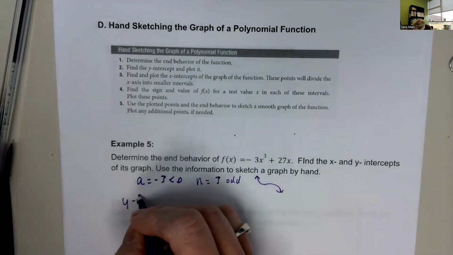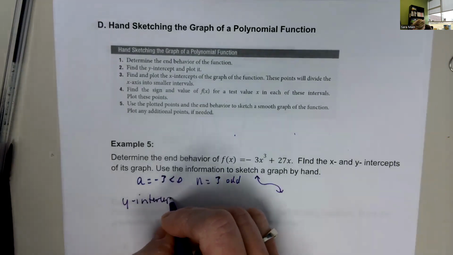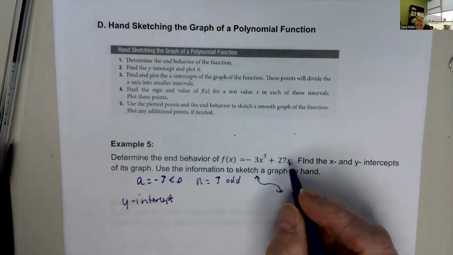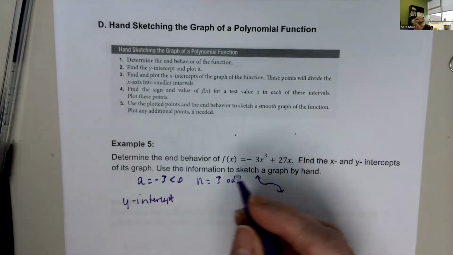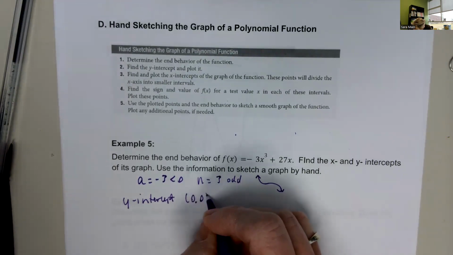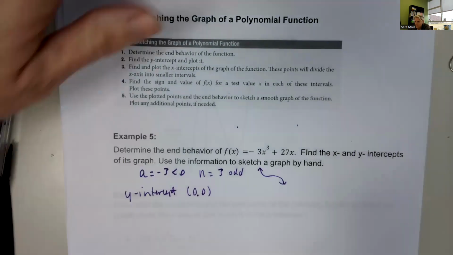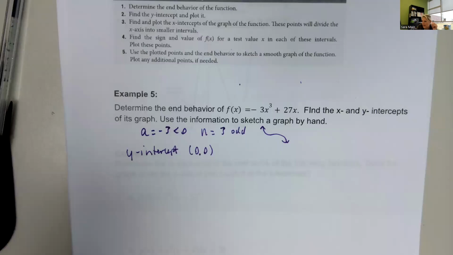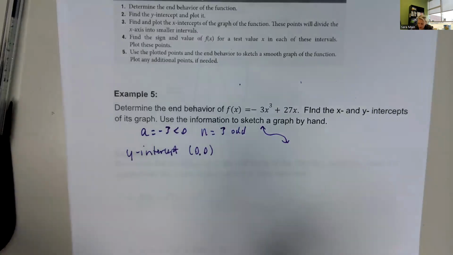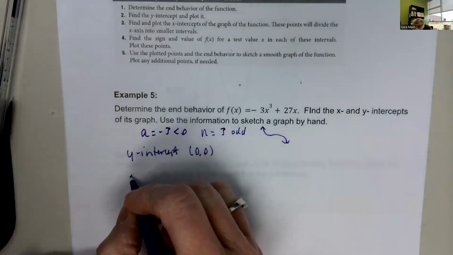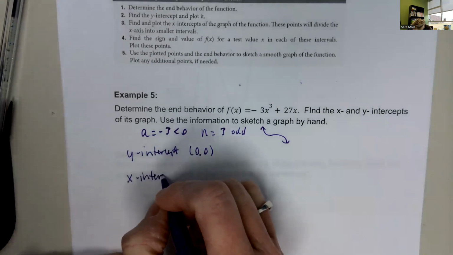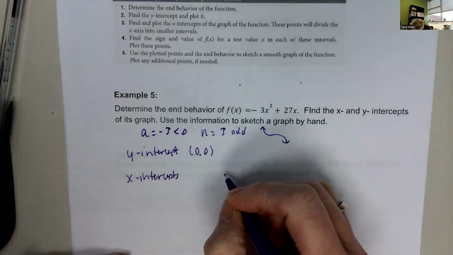The y-intercept, because these are both x terms and there's no constant term, is just going to be at (0, 0). For the x-intercepts, we can factor.